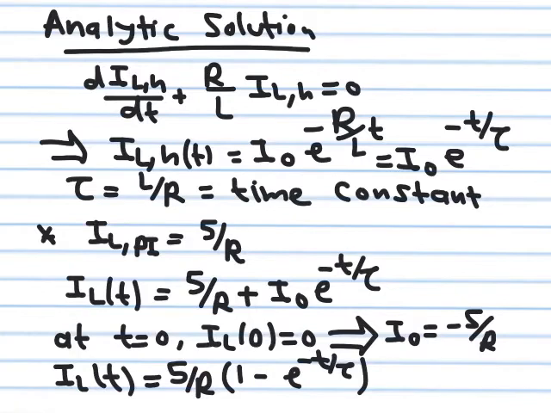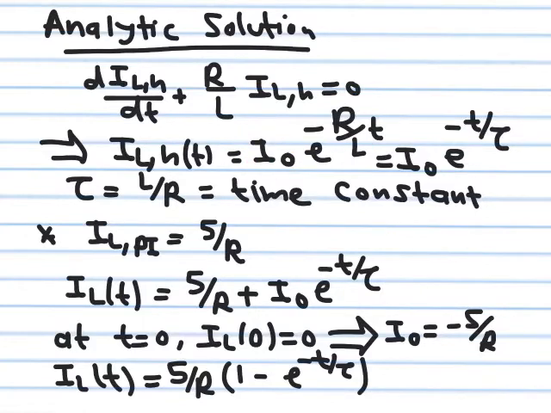Okay, so this slide just summarizes the things I mentioned earlier. To get the homogeneous solution, this is IL homogeneous, you set the excitation to 0. This one has an analytic solution, which is a decaying exponential, and its solution is I naught e to the minus r over L t. Remember, R is the resistance given, L is the inductance given, I naught is a constant we have to determine.